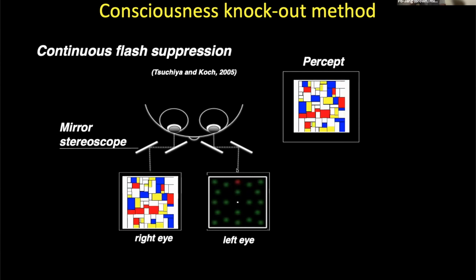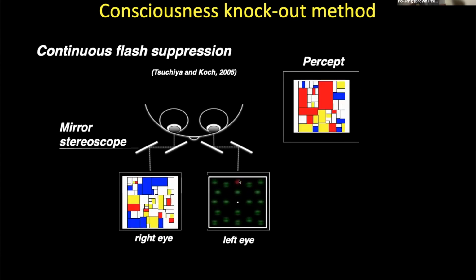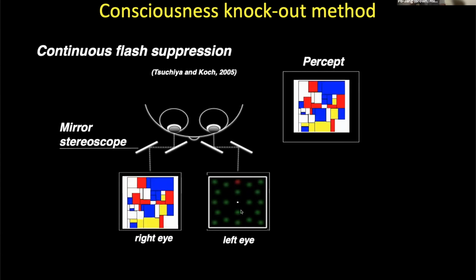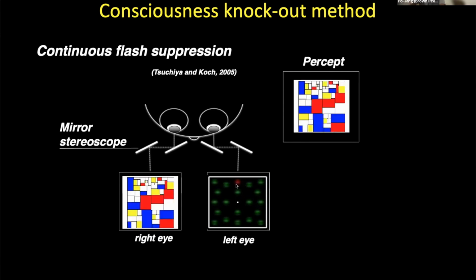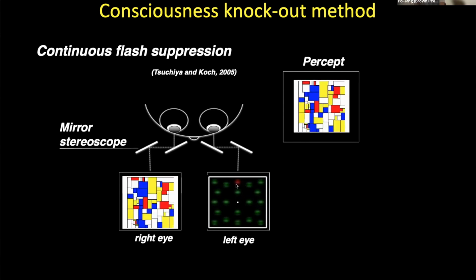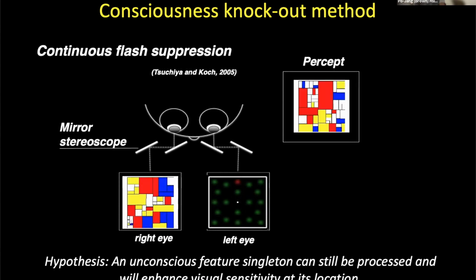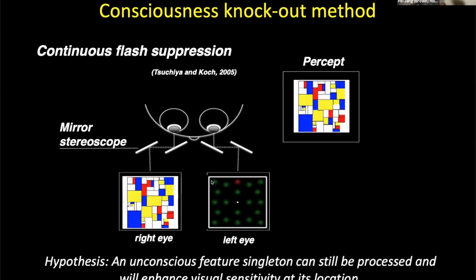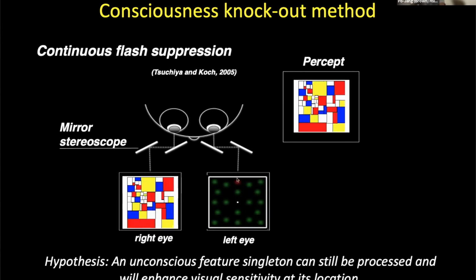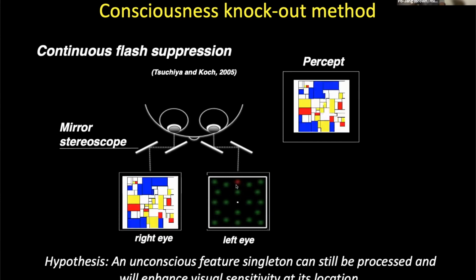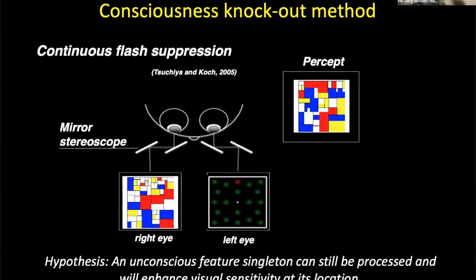Given that the subjects did not perceive any information in this eye, we can still ask whether this feature singleton still attracts their attention or not. Our hypothesis is that, even when subjects did not perceive this stimulus, the feature singleton can still probably be processed and enhance visual sensitivity at that location.